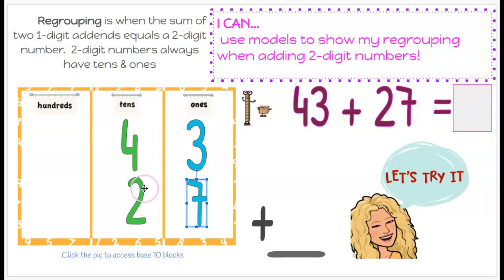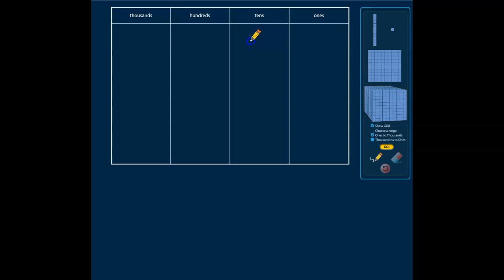So let's go ahead and use some base 10 blocks to help us add 43 and 27. Here we have our 43 and our 27, like we talked about just a moment ago. I'm writing them on my place value work mat, just so you can see what we were doing. Okay, so I lined them up by their place value, my ones and my tens.